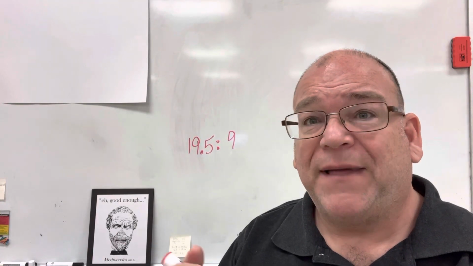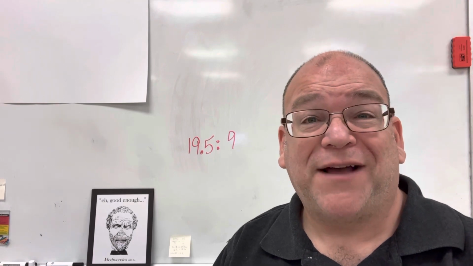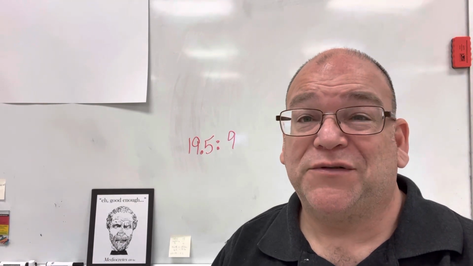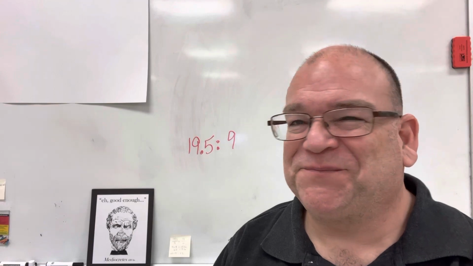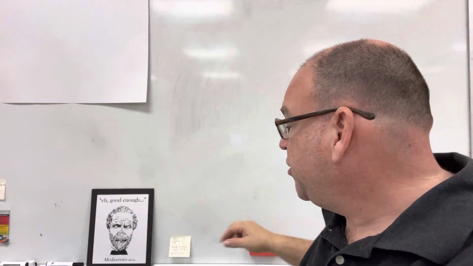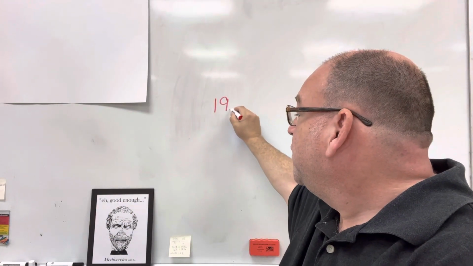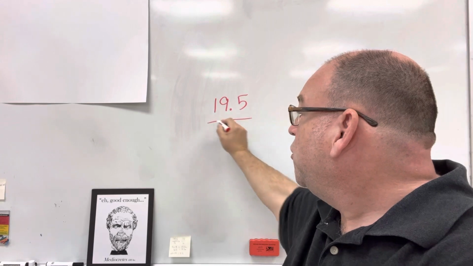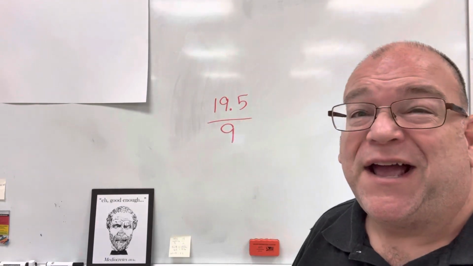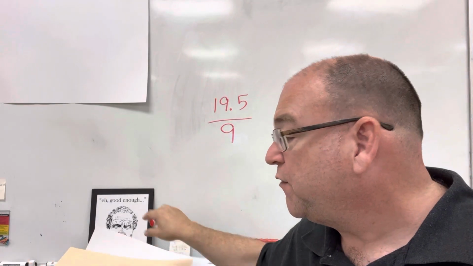So how do you figure out how that's going to become inches? Well, we actually have to do a little bit of math, and we will do some cross multiplication. So we know that that's my ratio. So I'm going to put 19.5 over 9. And then we need to get it to the size of paper that we're going to be using for our projects.